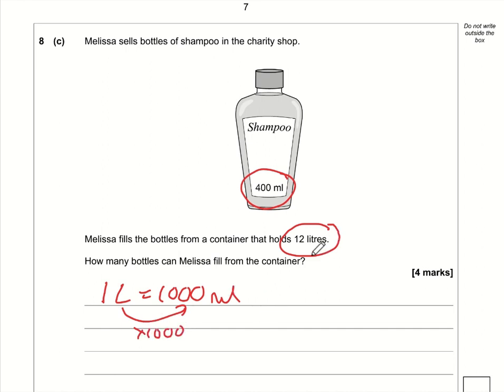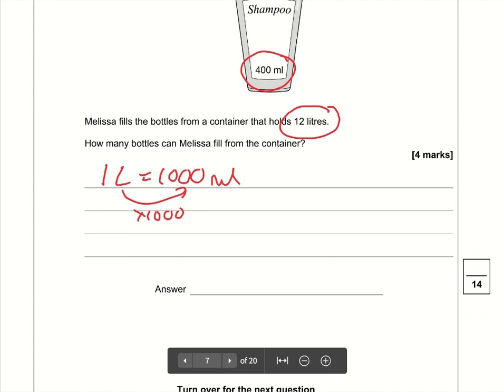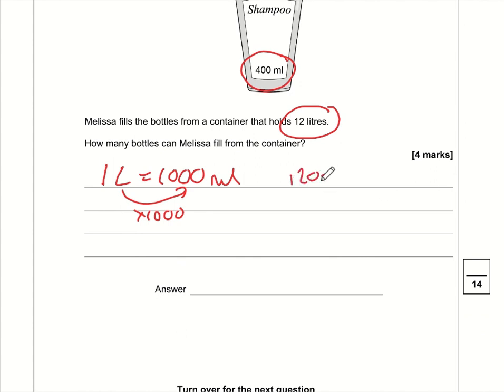So 12 times 1,000 is 12,000 millilitres, and we want to know how many 400s go into 12,000. So that is 12,000 divided by 400, which is 30. So she can fill 30 bottles from that large container.